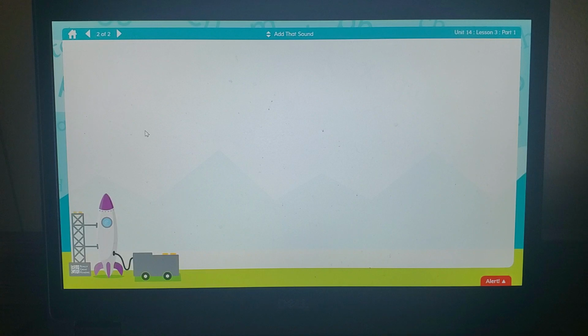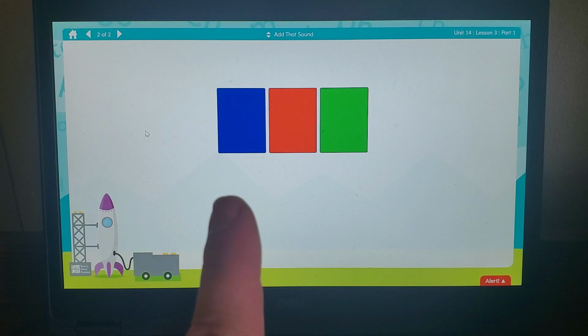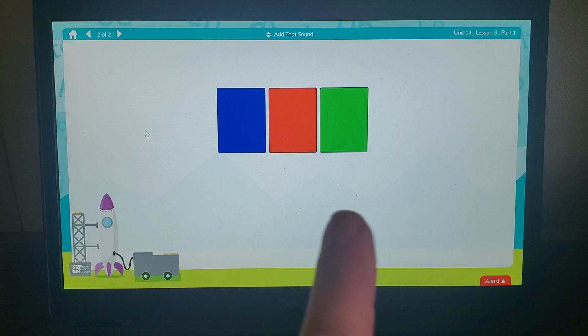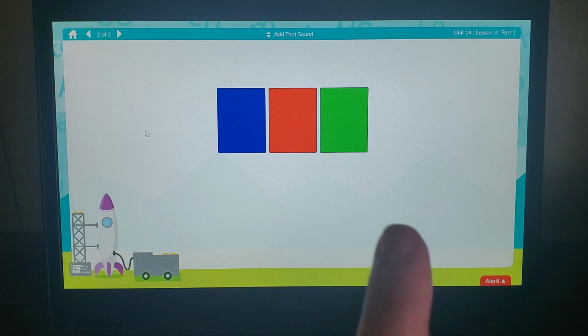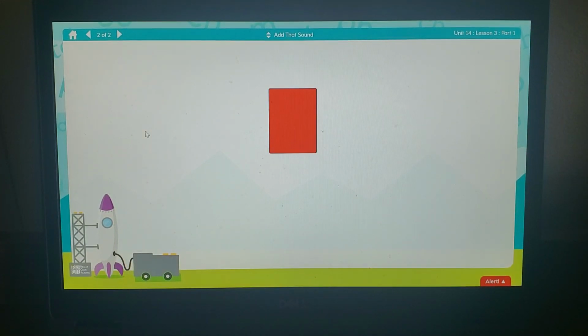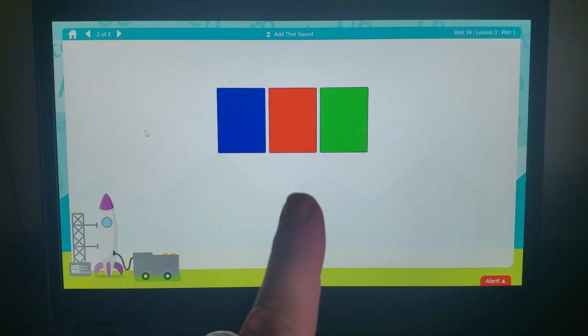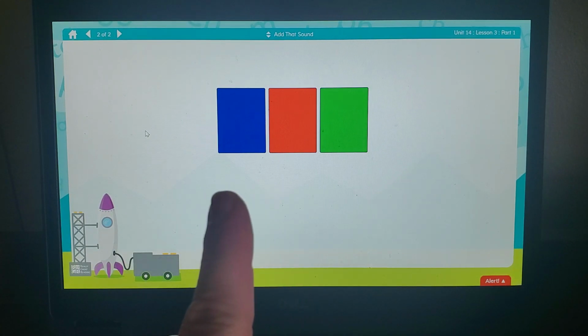Next we have edge, edge. Let's add ul to the beginning of edge. Now we've got ul, edge, ledge. Next we have at, add b at the beginning of at, at, bat.